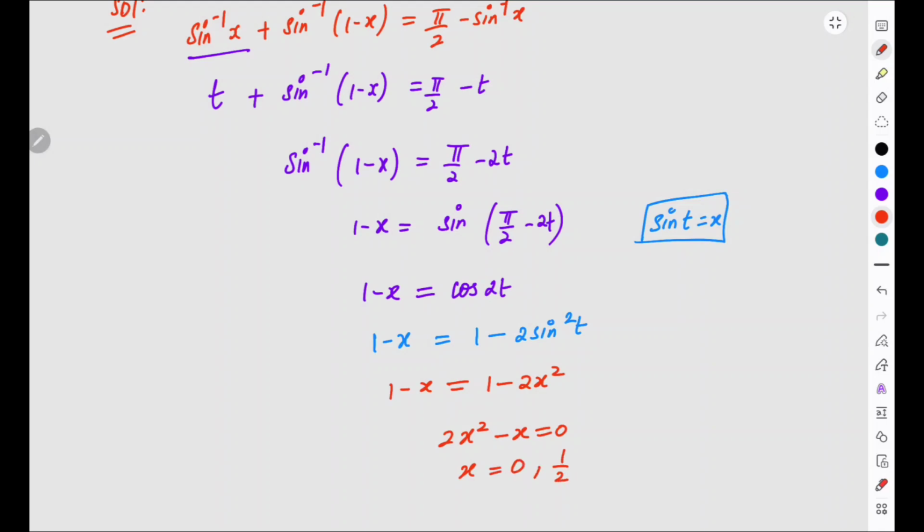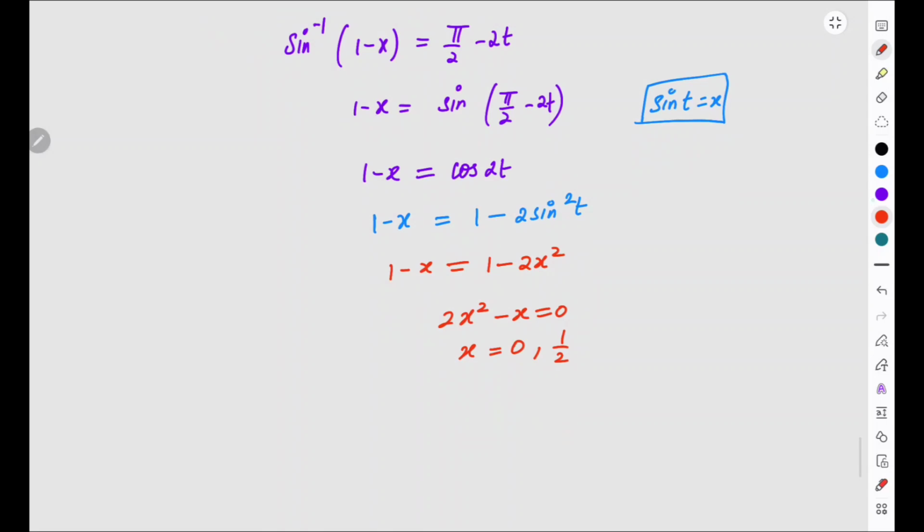Again we are going to substitute and check whether it is getting satisfied. So let us substitute. Sine inverse of 0 plus sine inverse of 1 is equal to cos inverse of 0. So this becomes 0 plus pi by 2, that is not equal to pi. So 0 is not going to satisfy here.